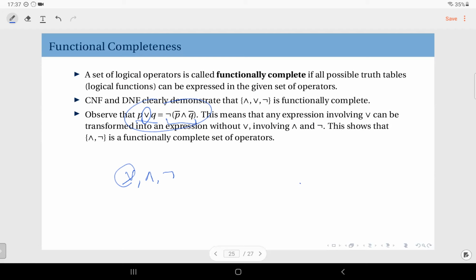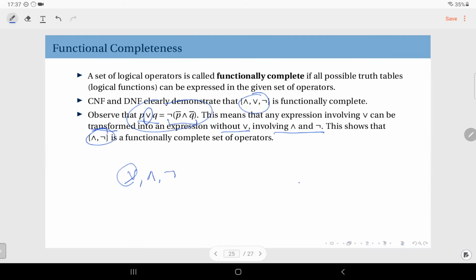Therefore, any expression involving or can be transformed into an expression without or, but just involving and and negation, which means this set consisting of only and and negation is also functionally complete. And it's a smaller set than this one. So that's a good answer.